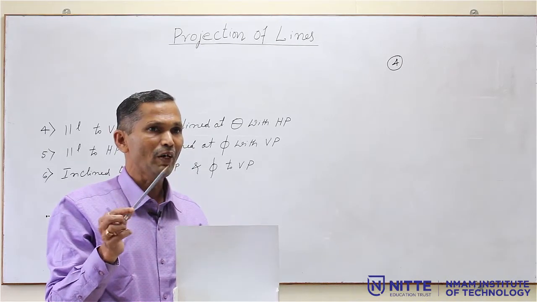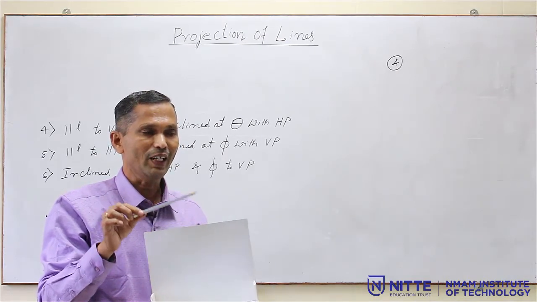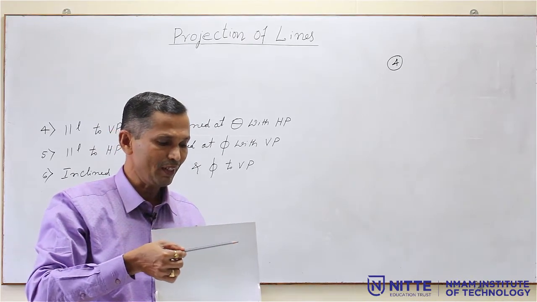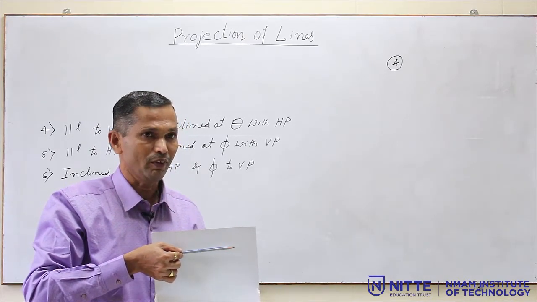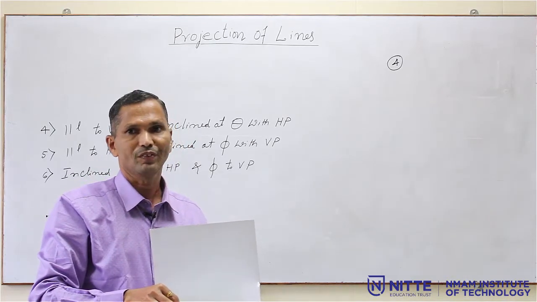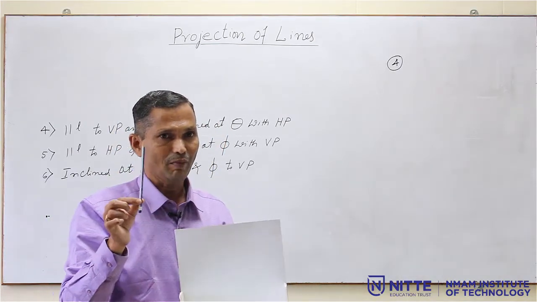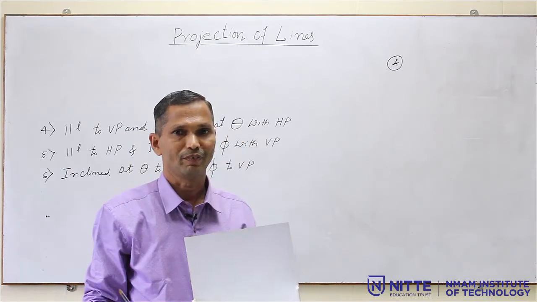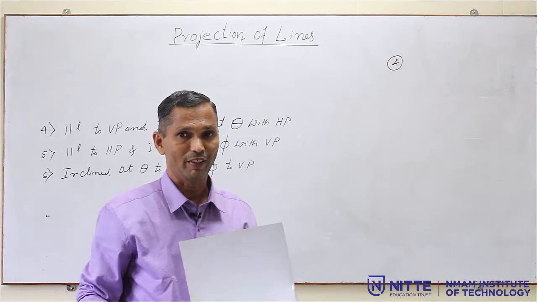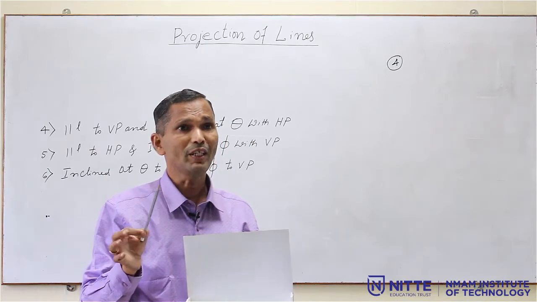Whenever we want to draw a line, we should know its length. The length is available only if the line is parallel to that particular plane. For example, if the line is parallel to VP, then the front view will show the true length. If the line is parallel to HP, then the top view will show the true length. That you have to remember. That means, whenever a given straight line is parallel to any of the planes, maybe the VP, HP or profile plane, then in that particular plane its true length will be available.